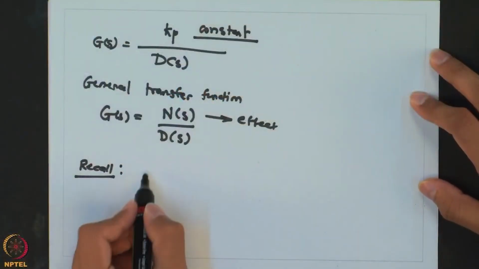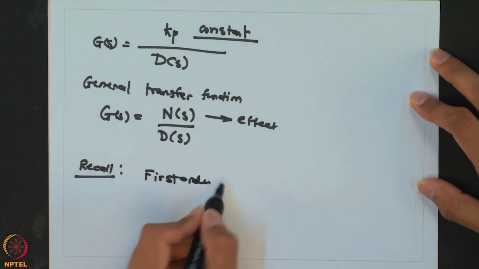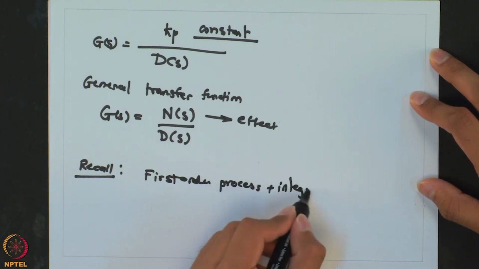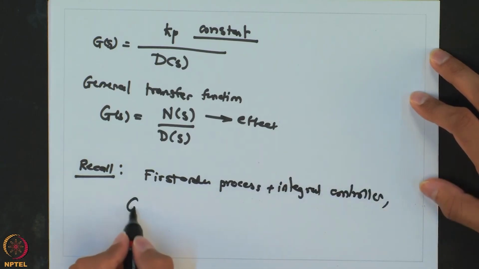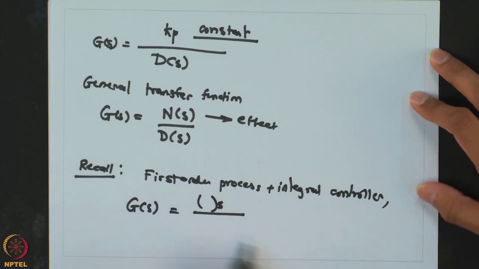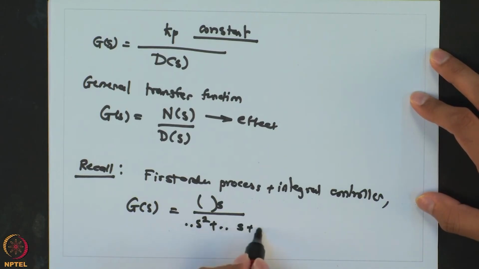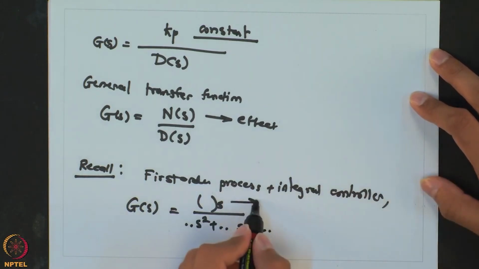In that case, the transfer function for the first order process plus integral controller had S in the numerator, and the denominator was the second order transfer function, and the numerator there was S.